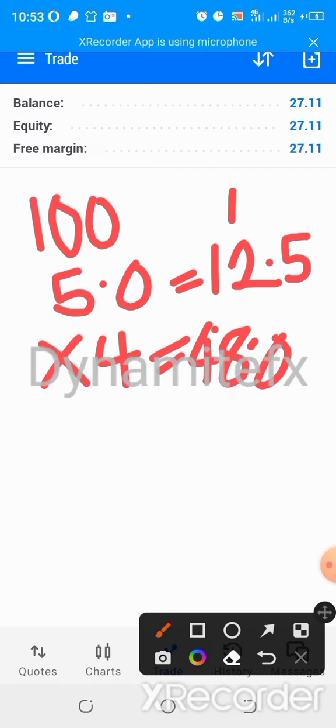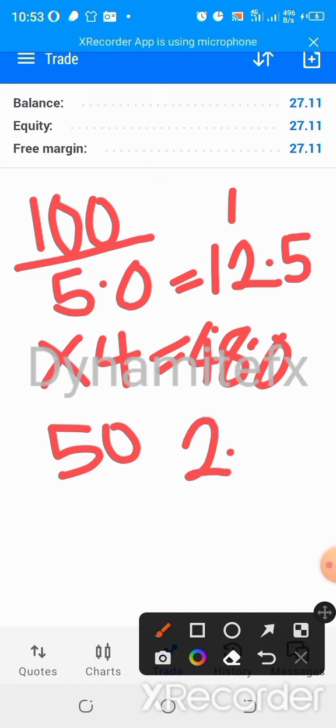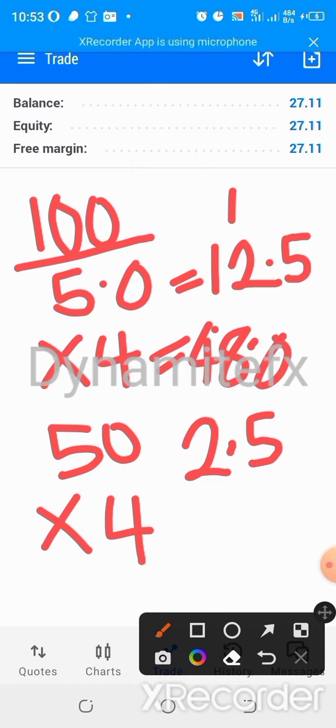So if you have a $100 account, which I know a lot of people do have, you can jump right in and start trading this. If you have a $50 account and you're doing 5.0, that means you can do 2.5 as your lot size. It means by 4 successful trades, which all of them are going to be successful if you stick to my rules. This is a no loss strategy.